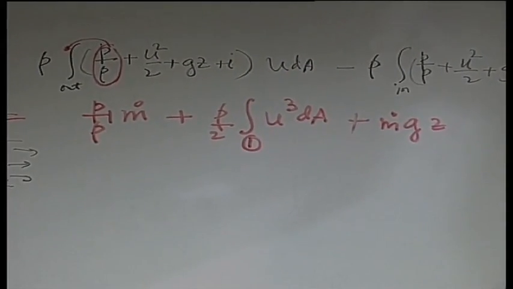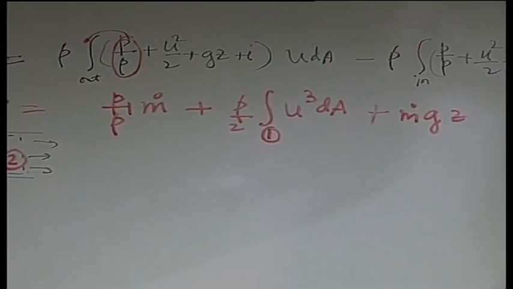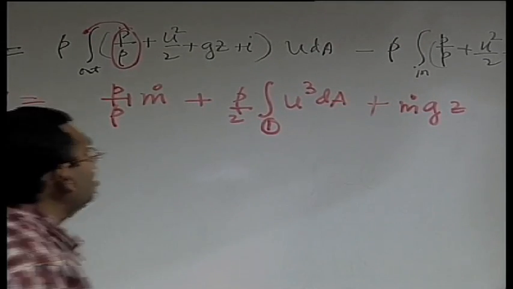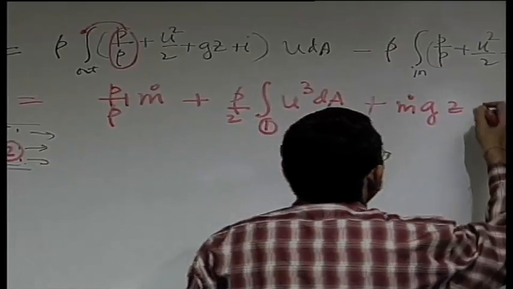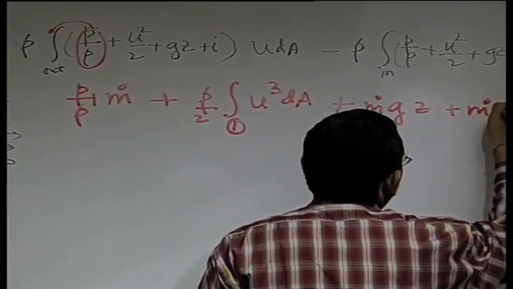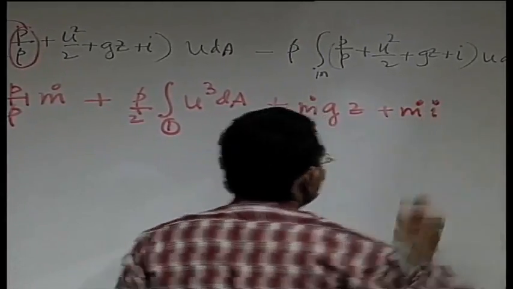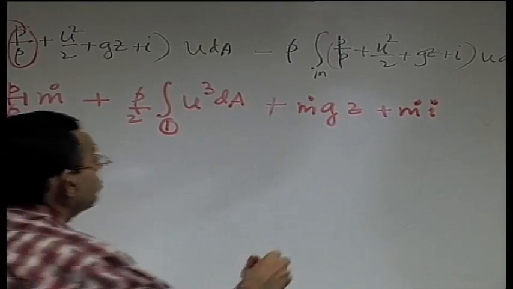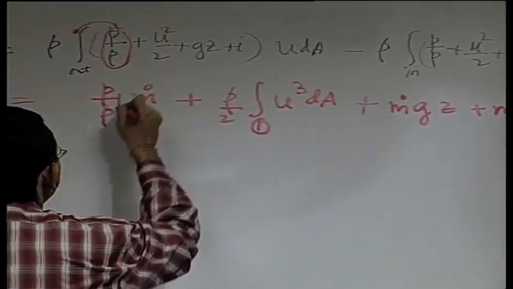If you assume that the temperature is also not varying over the section, then the internal energy you may assume to be a constant over the section, so plus m dot I. This is 2, right? Yes.